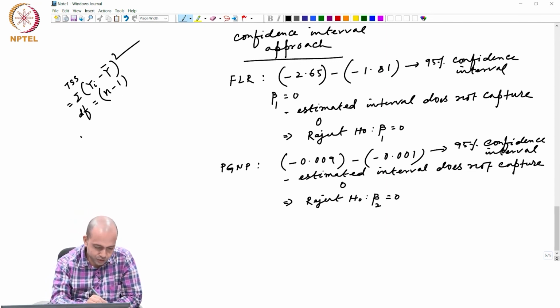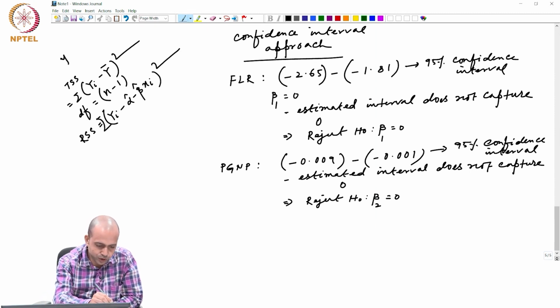And what is the degrees of freedom for RSS? How will you determine it? The RSS equals summation of yi minus alpha hat minus beta hat xi whole square. That is how we have defined it.